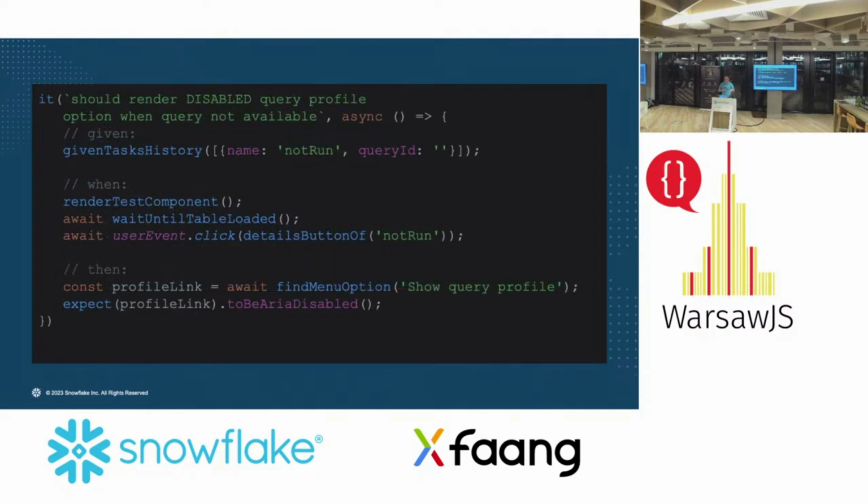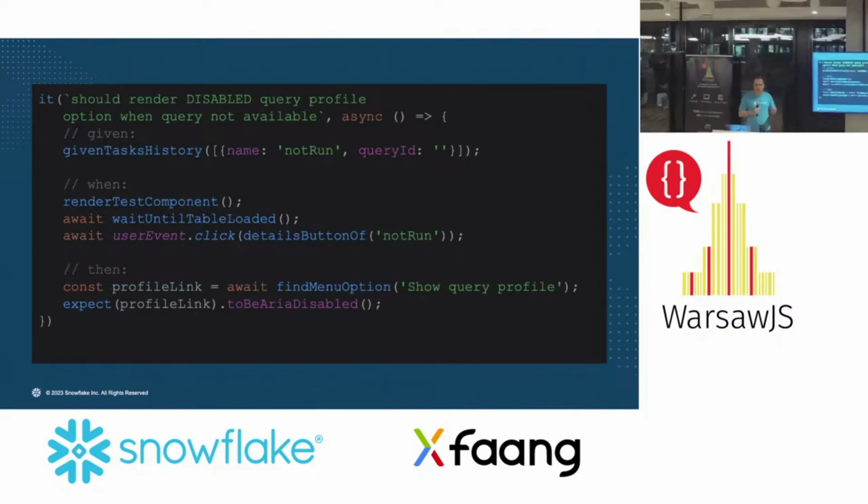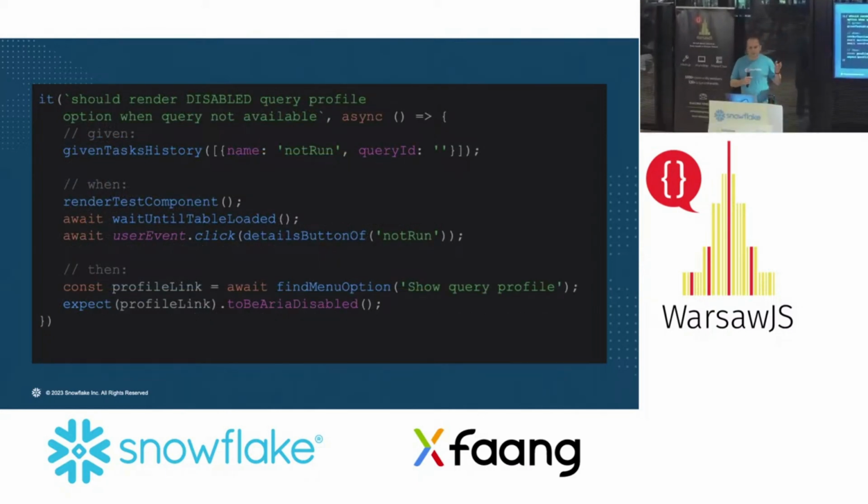First of all, the data preparation into a given task history method. Then hide the complexity of the context setup or anything that might be required to render in the render test component. And a few other verbosely named methods like wait for the table to be loaded, details button of a given task, or find menu option.